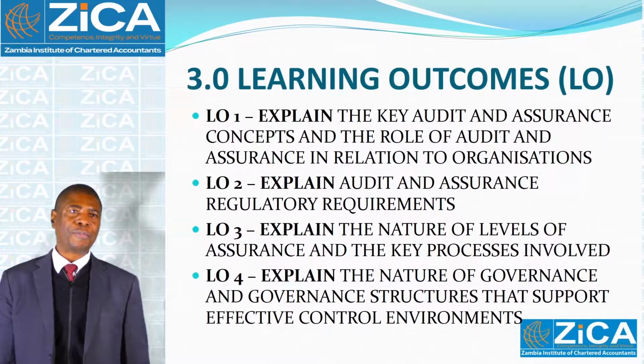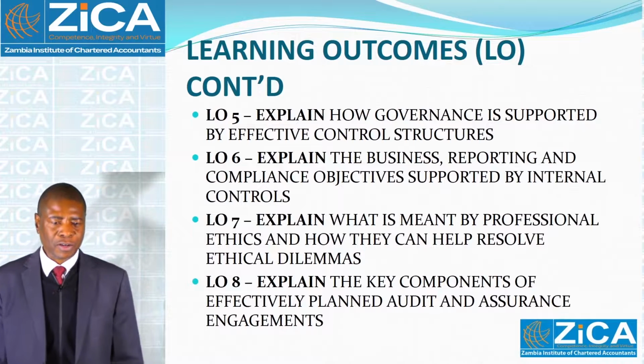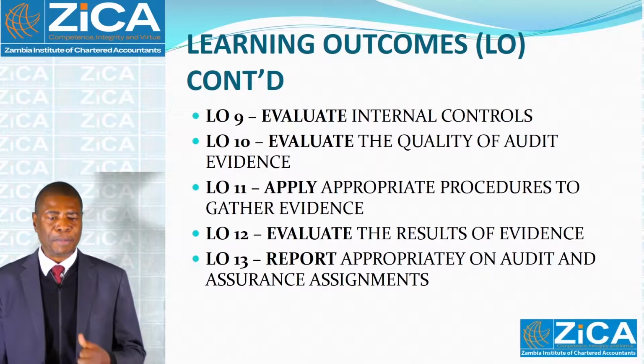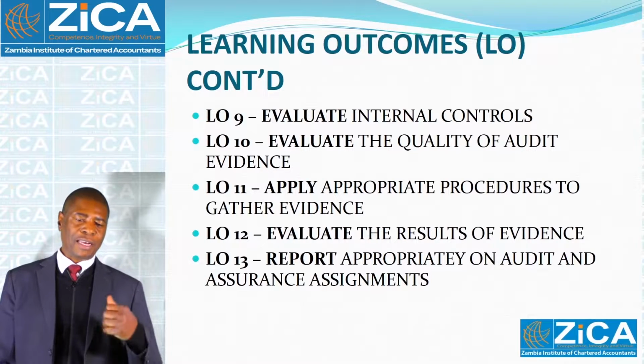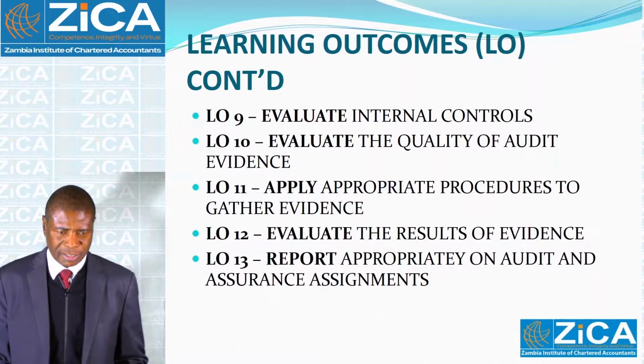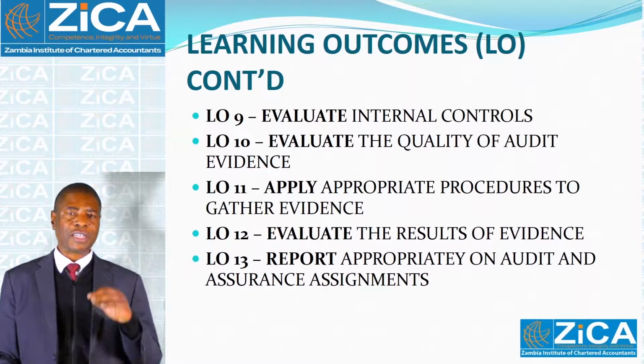So it's important that we appreciate that most of the command words are explain. And then also we have evaluate, especially on learning outcome number 9. Learning outcome number 11, we've got apply. Then number 13, we've got report. So it's important that these command words are appreciated and interpreted correctly in an exam.